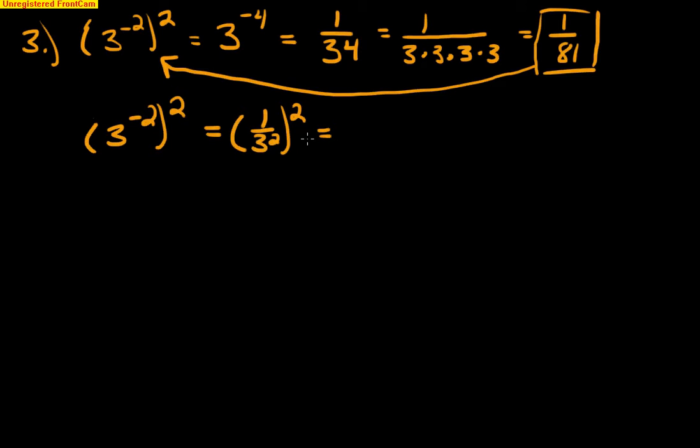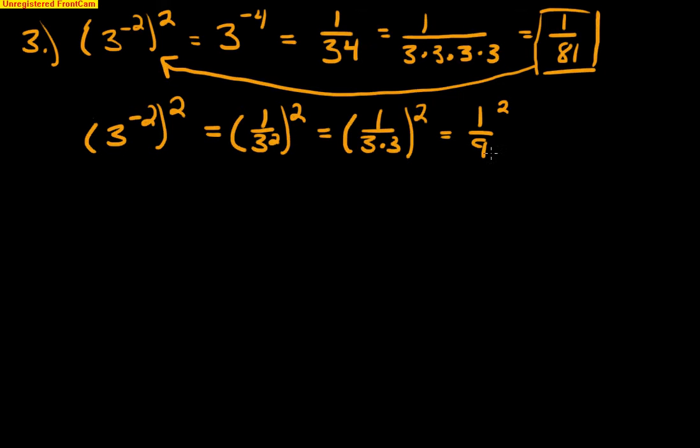Let's write it out as 1 over 3 times 3, still to the second power, and that becomes 1 over 9 to the second power.